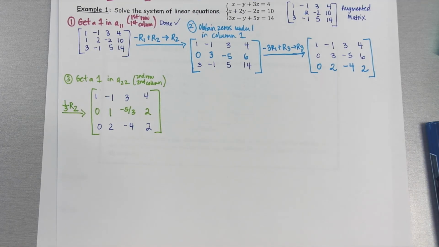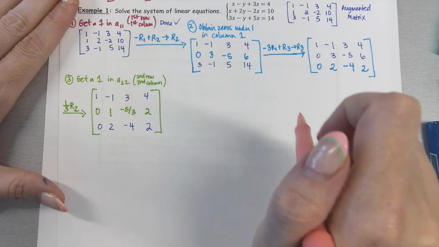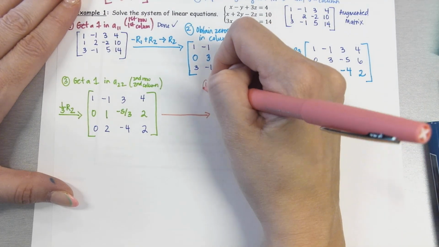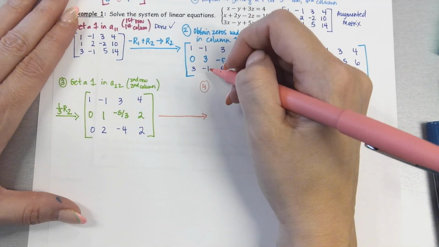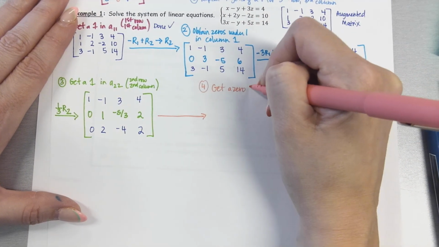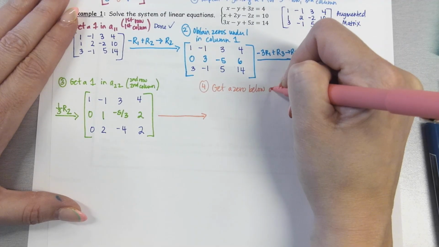And then we want to get a 0 below the next column. Okay, so we want to get a 0 below A22.